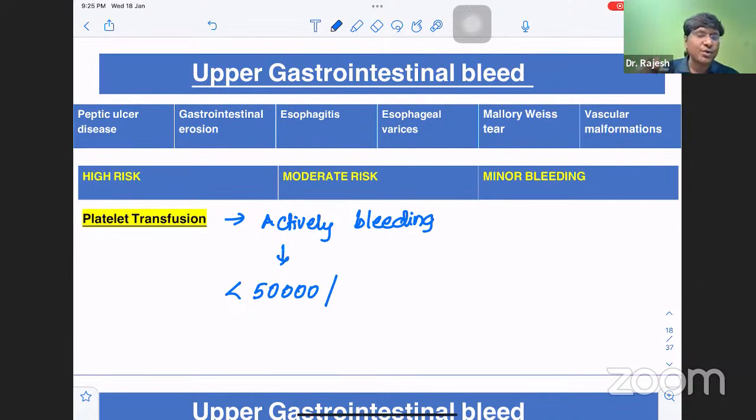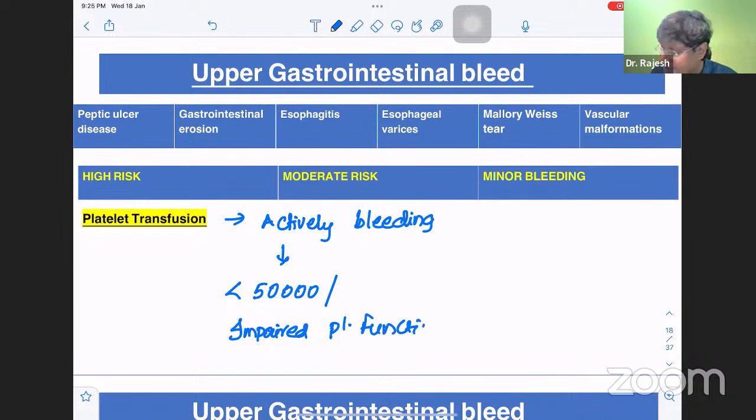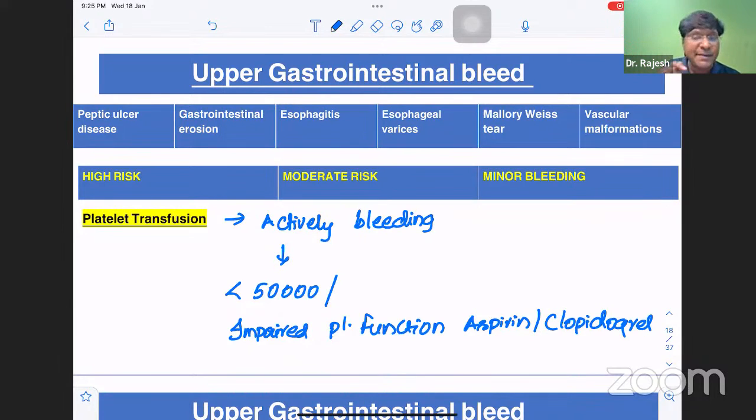The other scenario where you have to give platelet transfusion is considered if there is impaired platelet function, right? If there is impaired platelet function due to aspirin or clopidogrel use. Because of this aspirin or clopidogrel use, the patient is having impairment of platelet function and actively bleeding, you should give platelet transfusion, right?